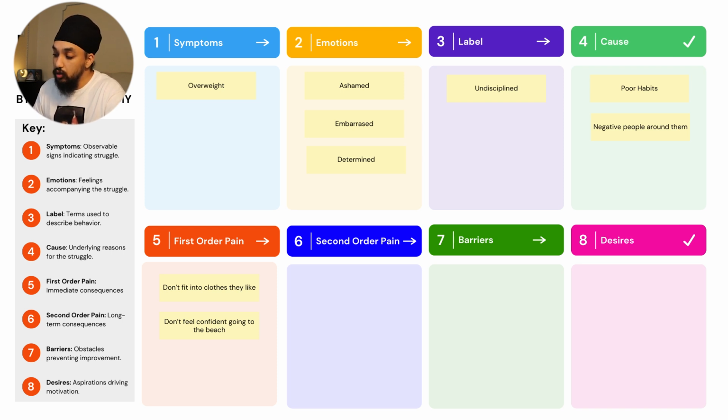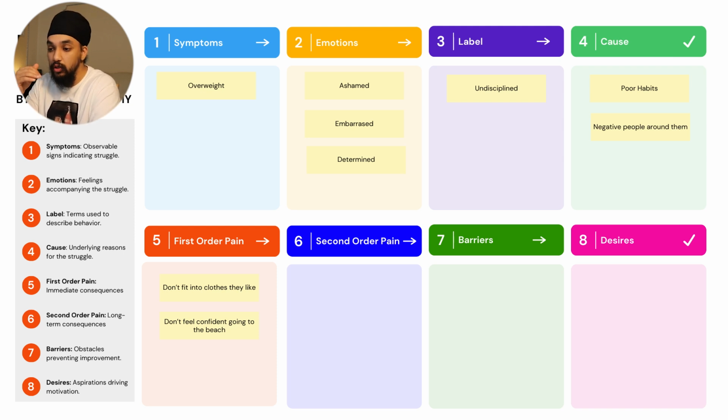Someone might say, I'm really deeply ashamed of who I am, or I don't feel like I'm a good role model for my kids, or just the self-reflection aspect of what they're truly struggling with on a deeper level. If you can help and guide someone to a conclusion on what their pain is, let's just take the parent example.